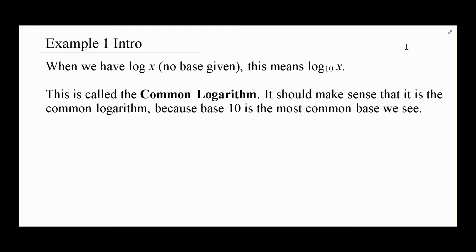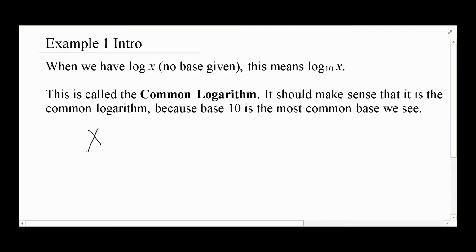So for starters, what we want to talk about is the common logarithm. If you look at your calculator, it most likely has two different buttons for logarithms. It has one that is log and one that is ln. Now the log allows you to type in a logarithm that doesn't have a base that's given. So it's sort of similar to when we're talking about variables.